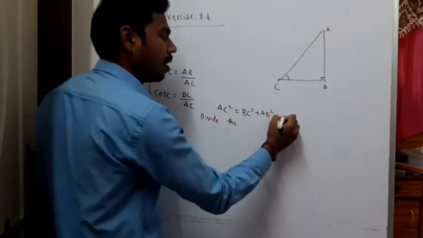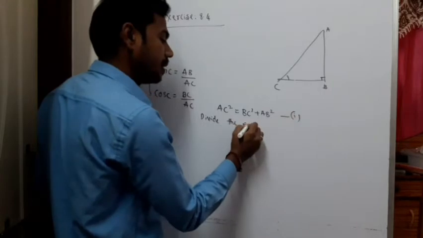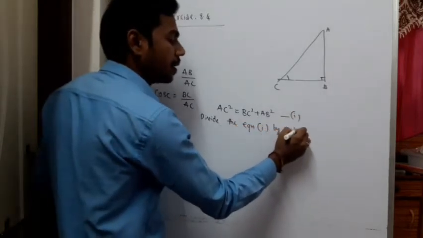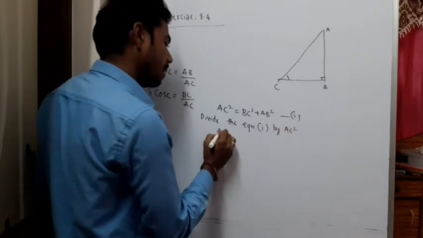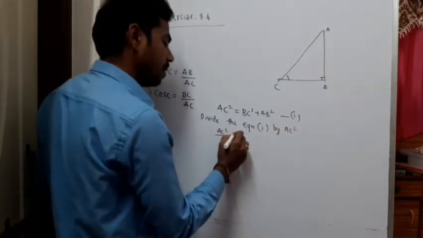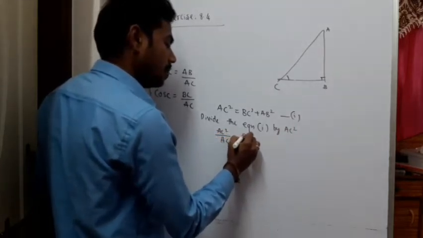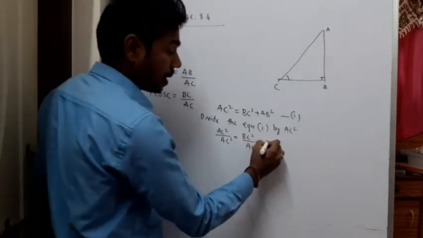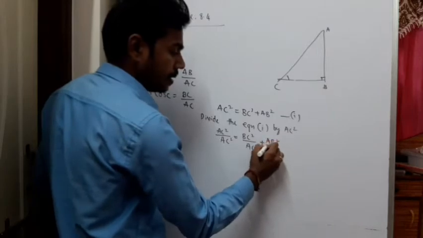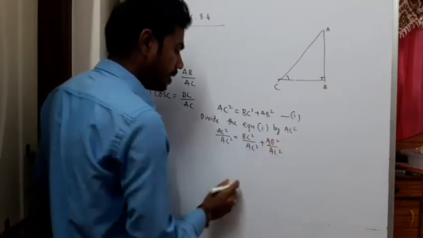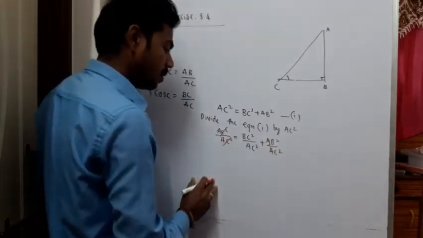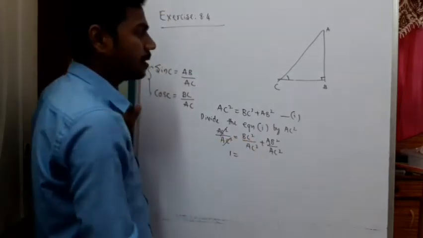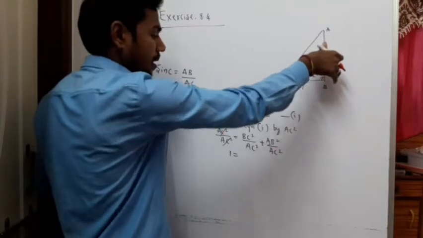Call it equation 1, divide equation 1 by AC square. So AC square divided by AC square is equal to BC square by AC square plus AB square by AC square. This AC square will get cancelled.